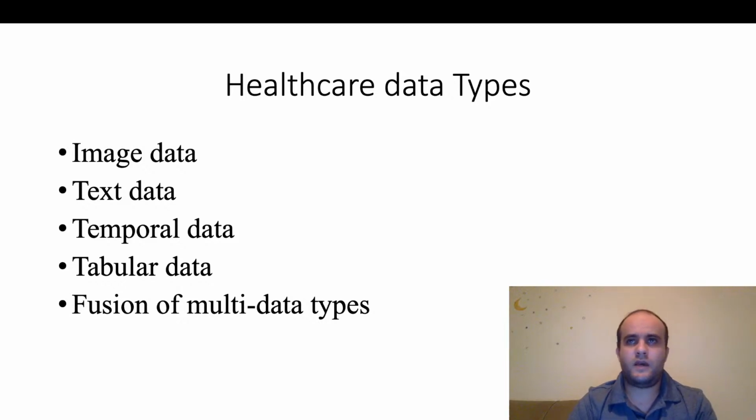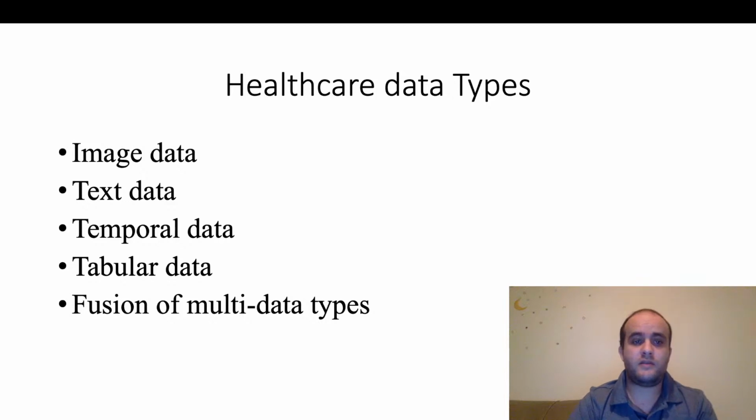The main thing for the algorithm is that we need data to fit the algorithm and come up with a model. For a simple classification of healthcare data, we have different types of data, starting from images, for example MRI, CT scan, and X-ray. These are called medical images. We also have text, for example what nurses or doctors write in clinical narratives and clinical notes, the interaction and conversation between a doctor and a patient.